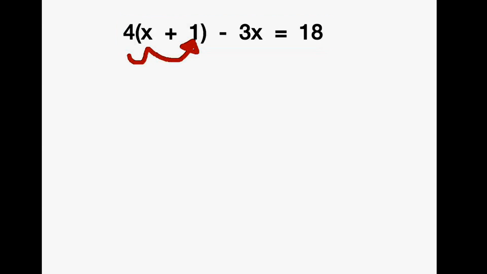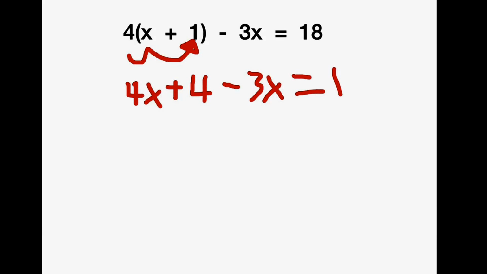So let's just do that. First, then we would end up with 4x plus 4 minus 3x equals 18. Then we would need to combine like terms, so you can't combine a 4x and a 4, even though we would like to, but you can combine a 4x and a negative 3x, which would give you 1x plus 4 equals 18.